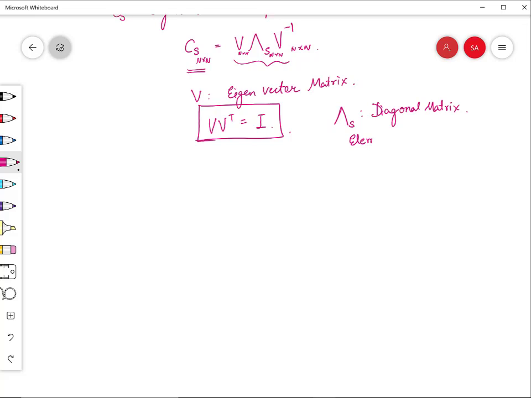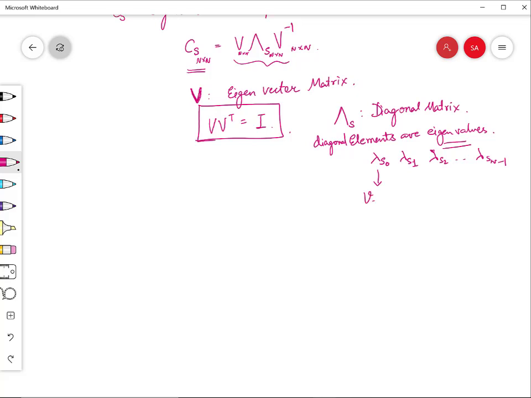So the diagonal elements are eigenvalues, and corresponding to these eigenvalues you get this V matrix. There will be N eigenvalues. Let me denote them as lambda S0, lambda S1, lambda S2 till lambda S of N minus 1. Corresponding to each eigenvalue, we will have an eigenvector.